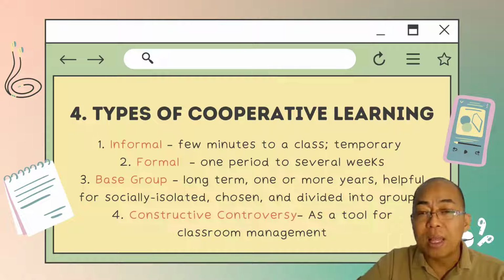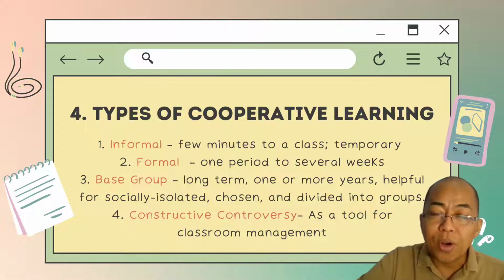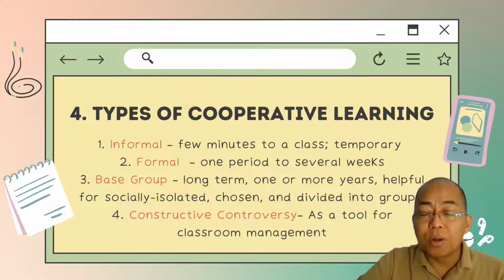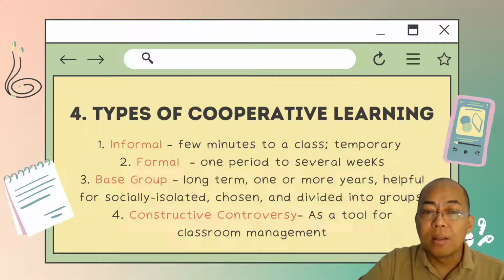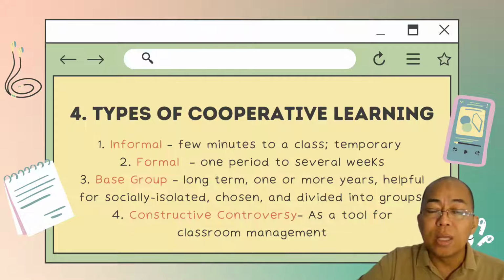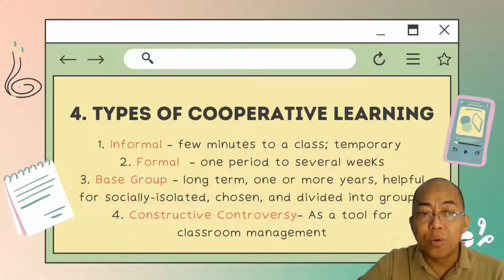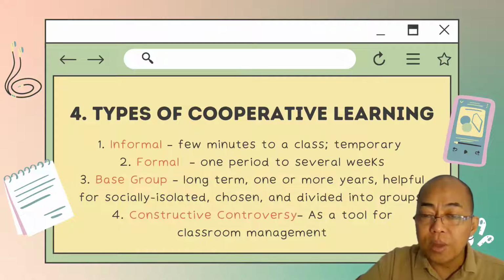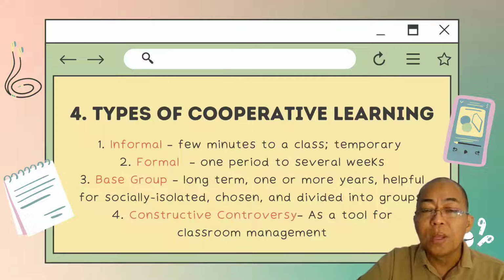Very important, unlike the informal where you simply ask the students to get a partner or to form a triad or a dyad and share about what you ask them. In formal cooperative learning, the groupings are very important. You consider how you will group the students, for example the size of the groups and the composition of the groups, and of course, very important, the roles that will be assigned to each member of the group.